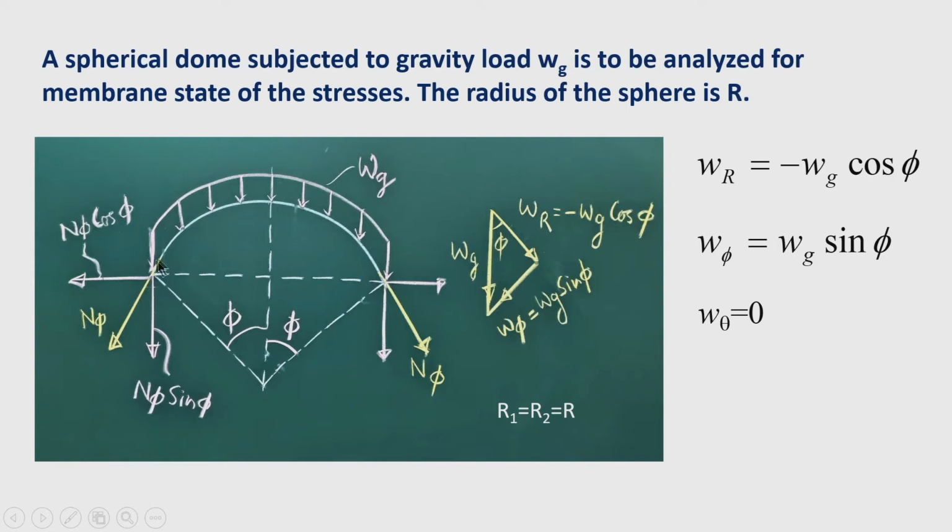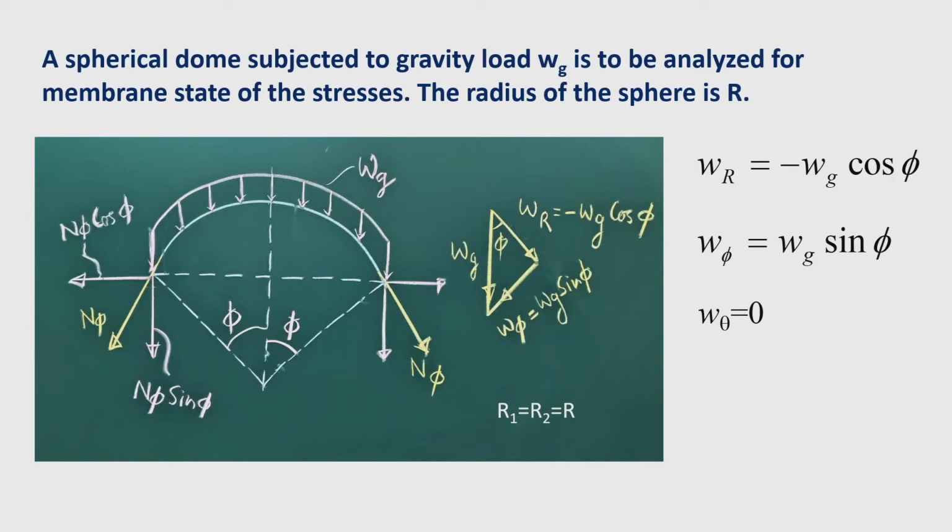Now, the equilibrium equations have been obtained by resolving the forces into 3 directions. One is the phi direction, that is the tangent to the meridian, the second is tangent to the parallel circle, and the third is normal to the parallel circle.